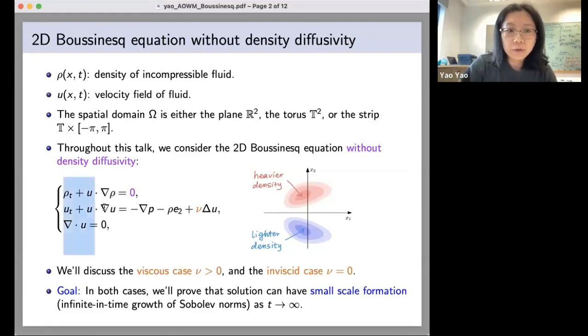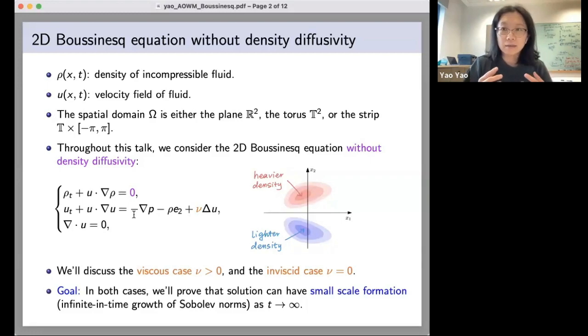The second equation, the u equation, basically says that the fluid particle obeys Newton's law. Along the trajectory, the acceleration of the fluid particle is proportional to the force, where the force is given by the pressure term and also the rho e2 term.